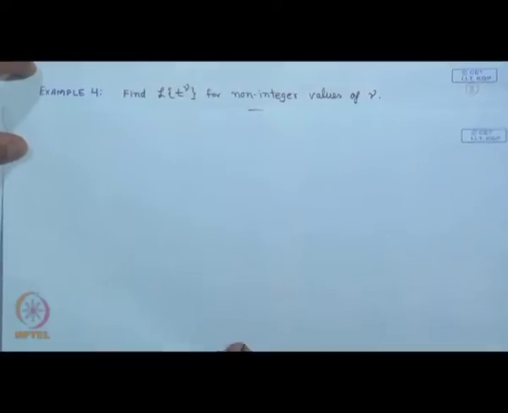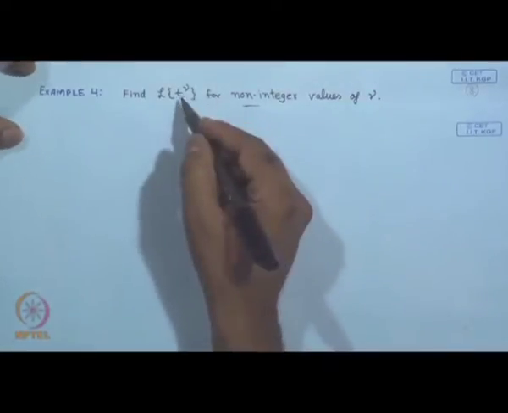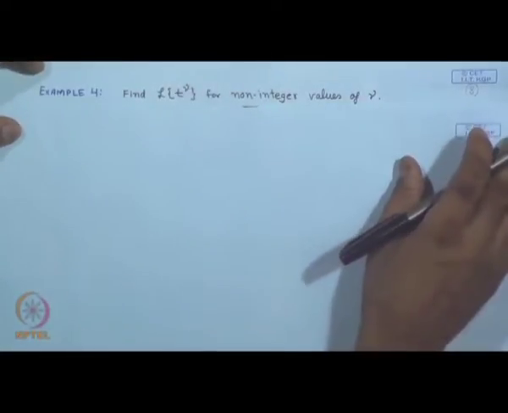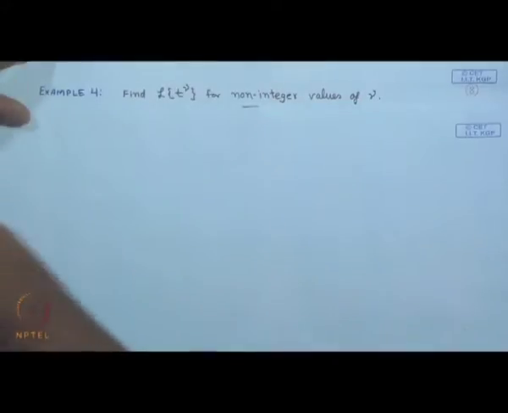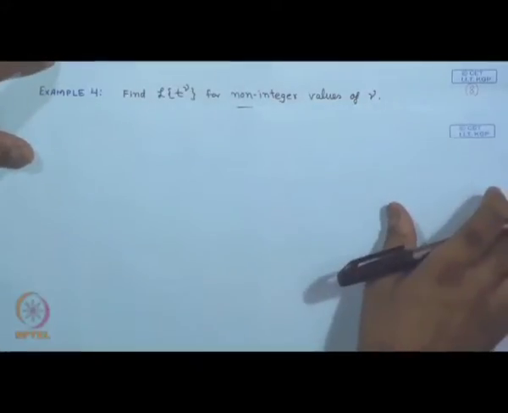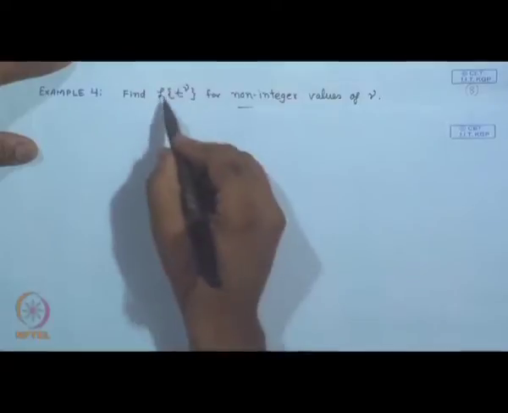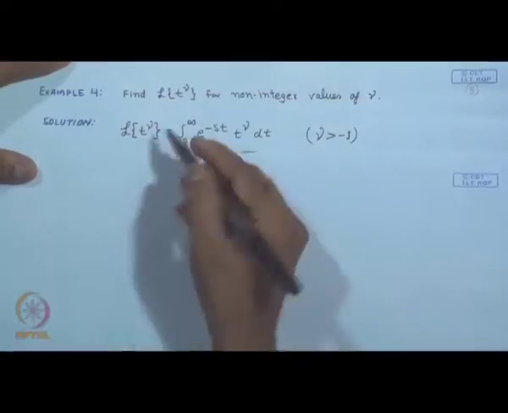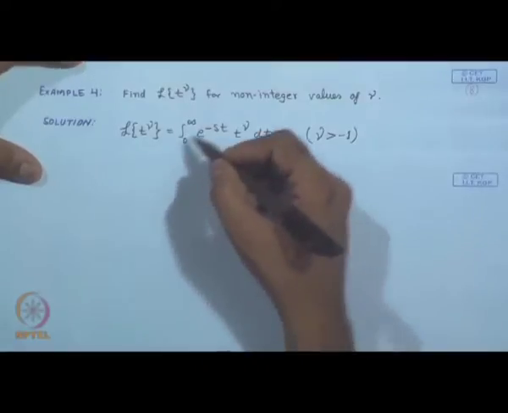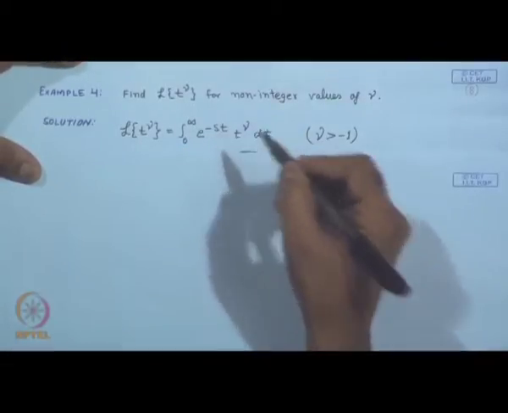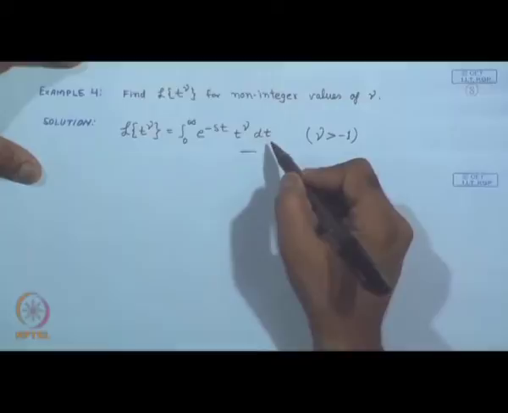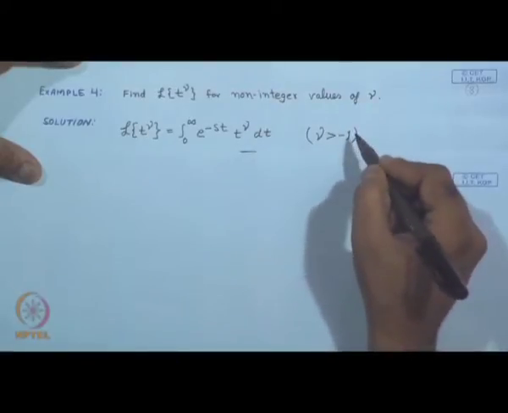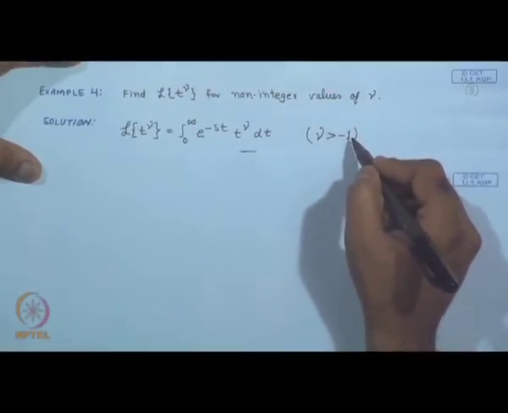So, in this case we take t power nu for non-integer values of nu. So, find this Laplace transform. We will go again by the definition. So, 0 to infinity e power minus st and t power nu dt, and nu is greater than minus 1.